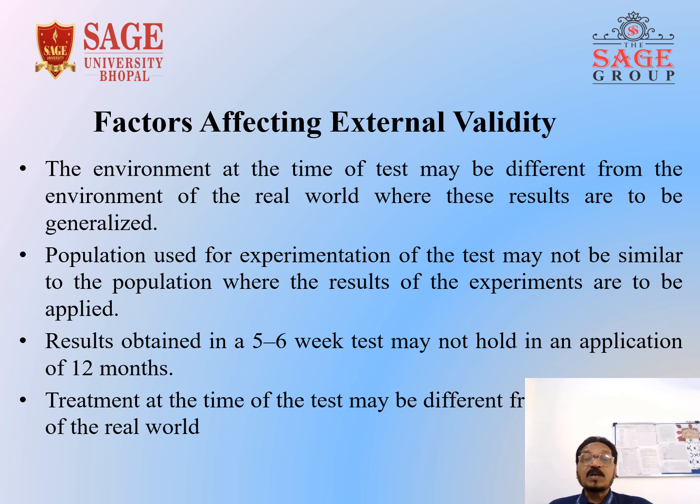Next, the population used for experimentation may not be similar to the population where the results of the experiment are to be applied. Then, results obtained in a 5-6 week test may not hold in an application of 12 months. Treatment at the time of the test may be different from the treatment in the real world.